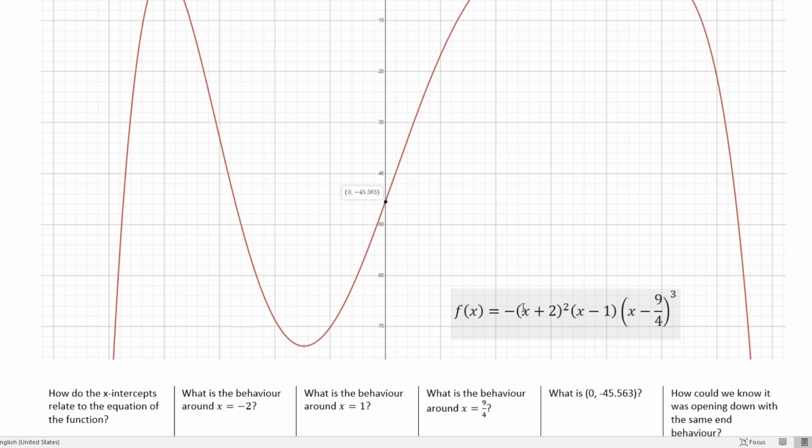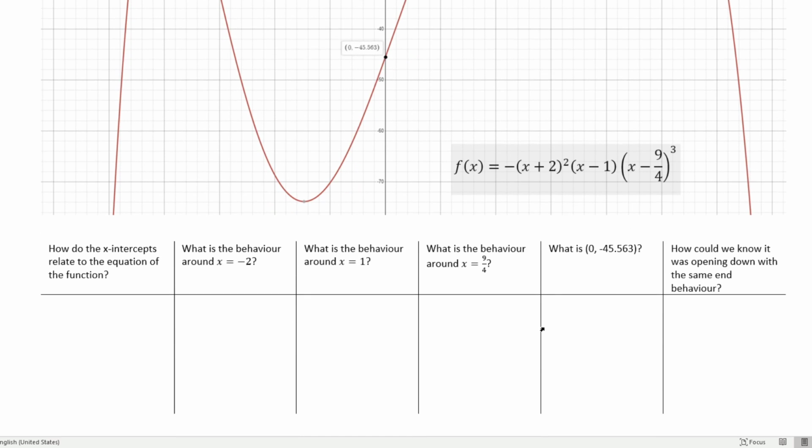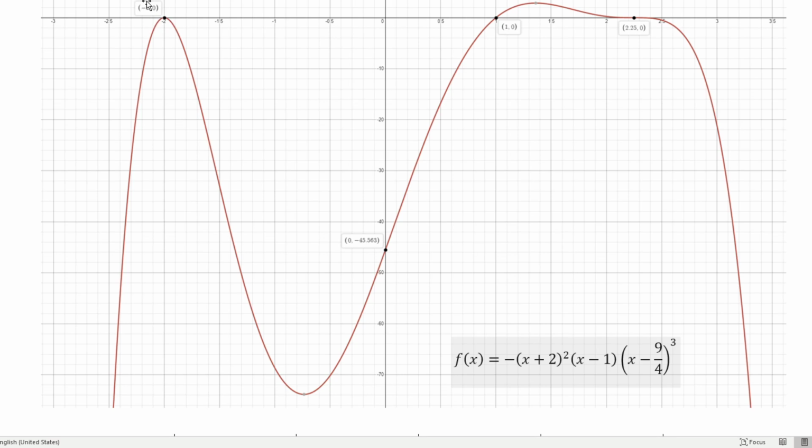If we look at the first factor, we have x plus 2, so the first x-intercept is negative 2. When we sub negative 2 into this first factor, we get negative 2 plus 2, which is 0. 0 squared is just 0 again, and then 0 times anything after that causes your function to be 0. It's called the zero product rule: anything times 0 is equal to 0.